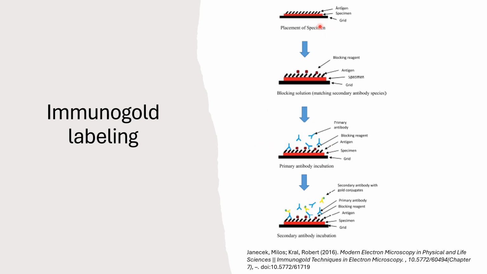In pre-embedding immunogold labeling technique, the antibody reactions are carried out prior to fixation, dehydration, and resin embedding of the biological specimen. The whole mount immunogold labeling technique does not involve resin embedding at all. The material is applied to an electron microscopy grid and the antibody reactions are carried out on the grid.